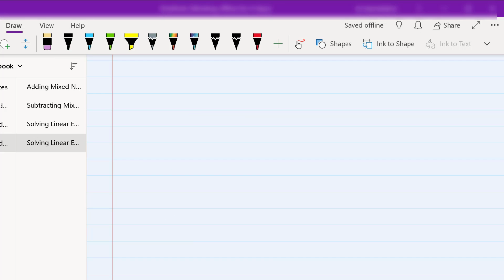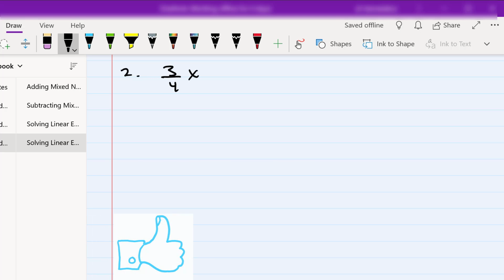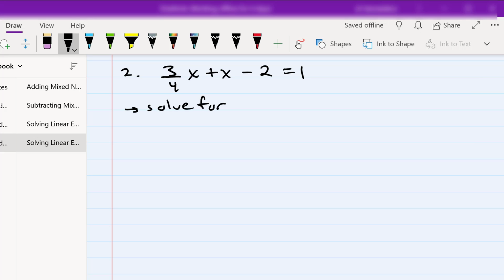Let us look at number 2. If I have 3/4 x plus x minus 2 equals 1, and we're asked to solve for x. What we can do here is group all the x's on one side.